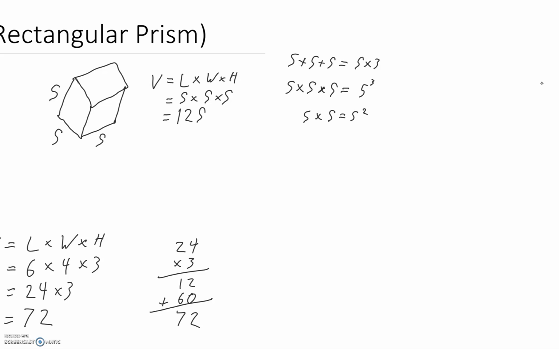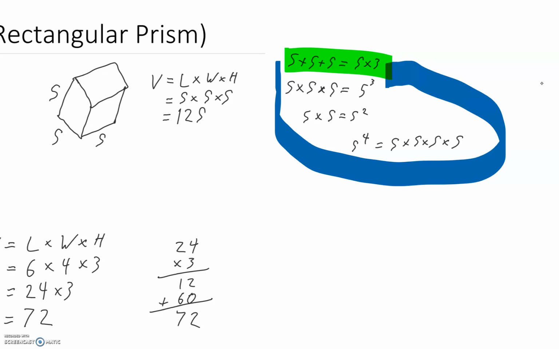Those two things are the same, and you can do this for any one. So 5 to the power of 4 would be 5 times 5 times 5, 4 times. So this is just a little bit of an aside. This is what you already know, and this stuff here is stuff you're going to know.